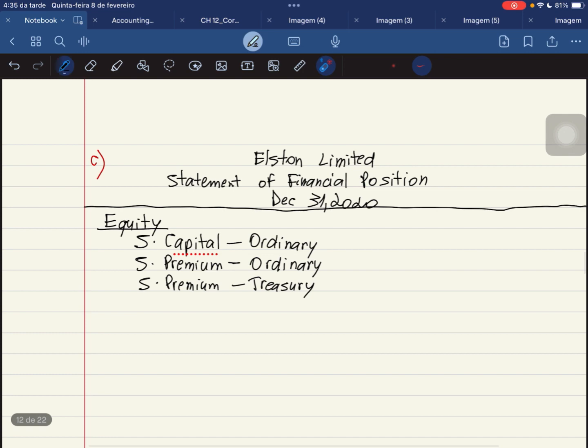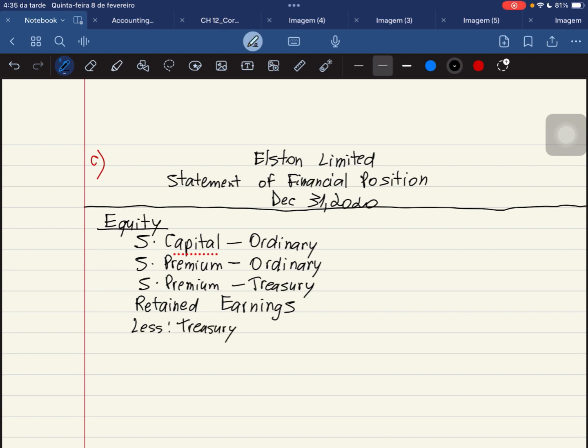Okay, so your profit comes from the retained earnings. So we would have retained earnings over here. And after you add your raised capital with your earned capital, then you would have to less your treasury shares. Okay.